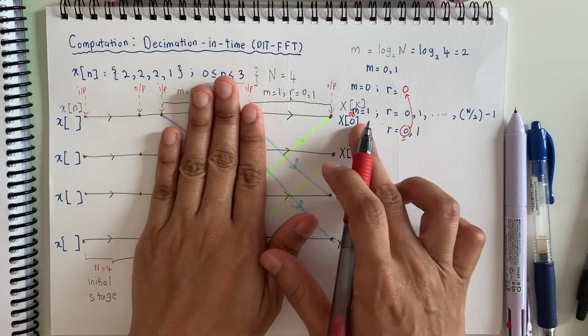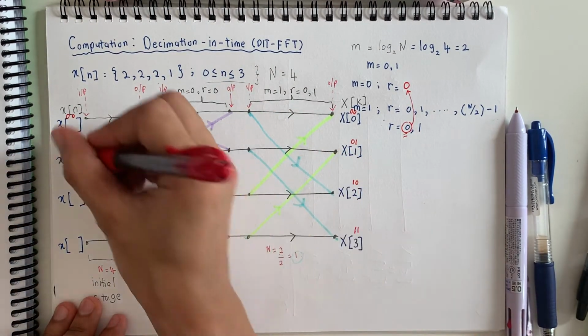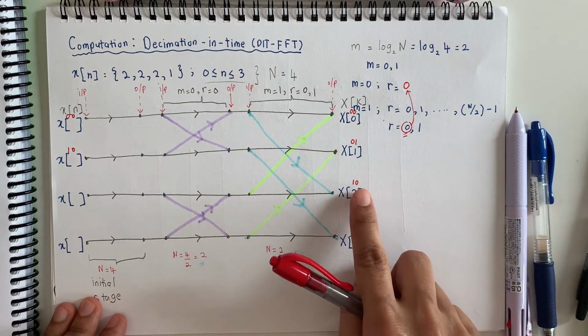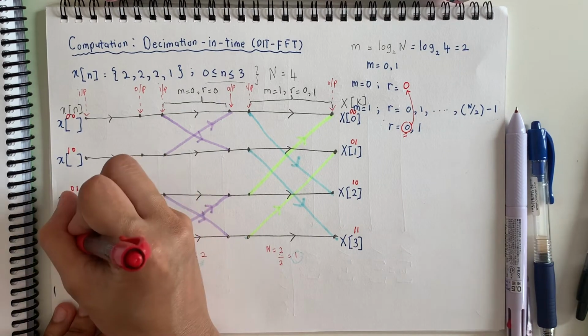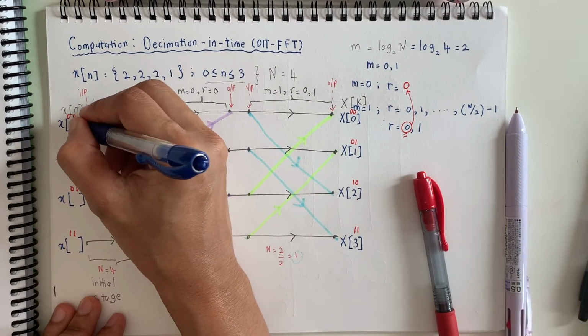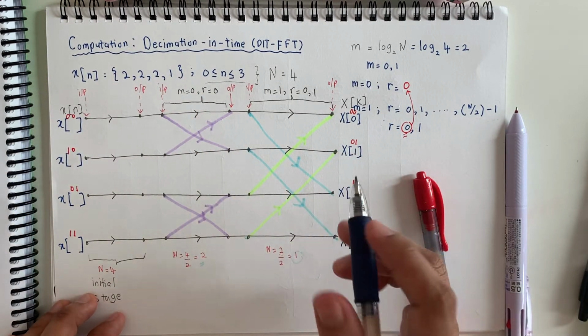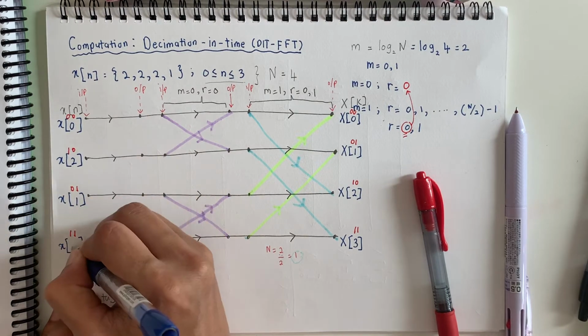So mirror of 00 is 00, mirror of 10 is 01, mirror of 01 is 10, mirror of 11 is 11. You convert these back to decimal numbers, so you will have 0, 2, 1, and 3.